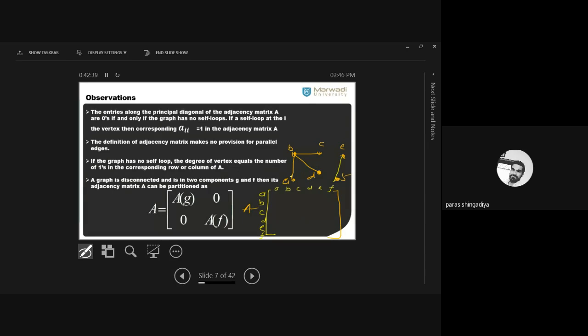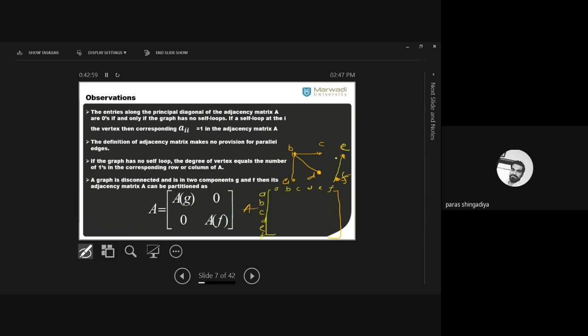There are 4 vertices in the first component and 2 vertices in the second one. That is F here, that is E here, and both are disconnected. There is no relation between F and D, no connection between E and B, no connection between A and E. Means they are disconnected. एक पूरा graph ही है, but there is a disconnect.